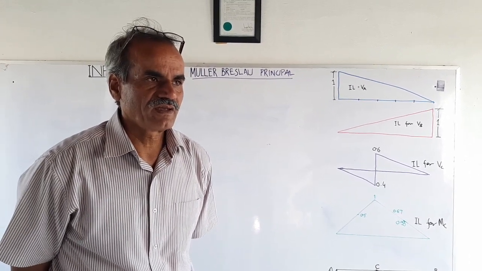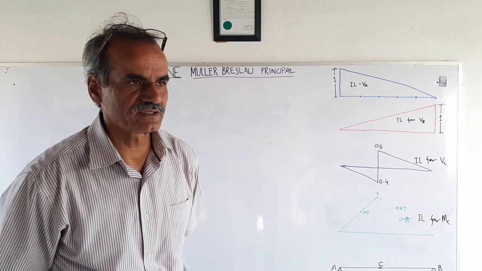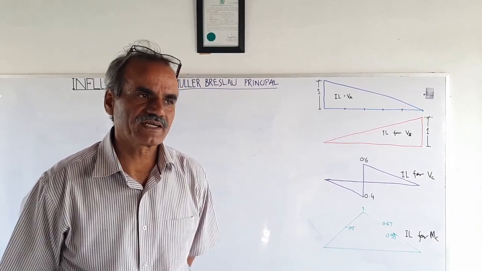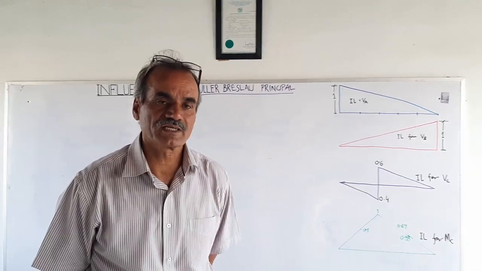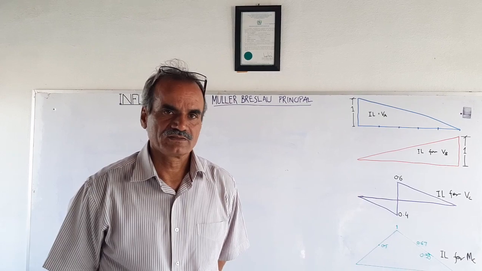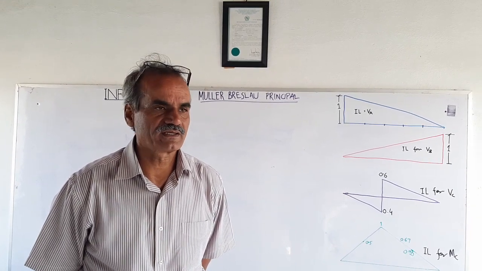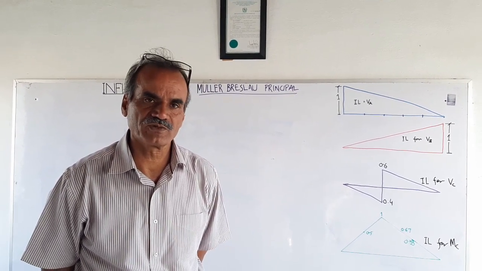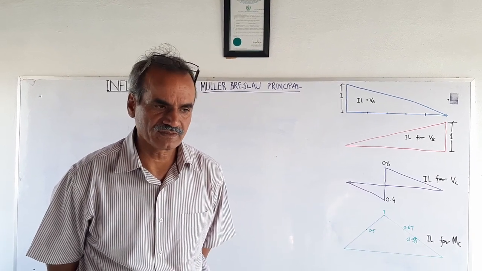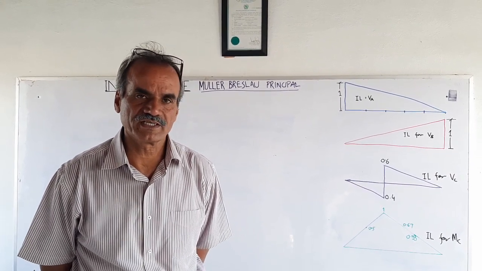Say, if a reaction which is acting upward is an external force and it is trying to move the structure upward, and since it is not moving upward, a reaction has taken birth over there.